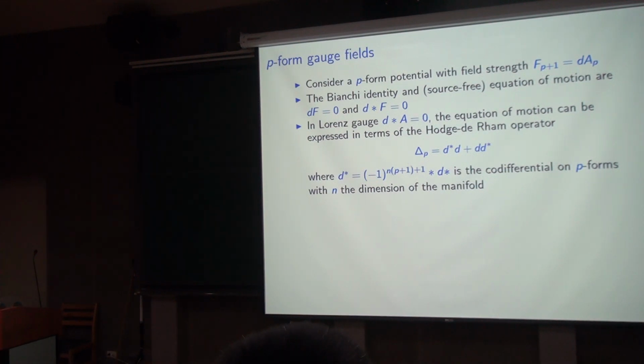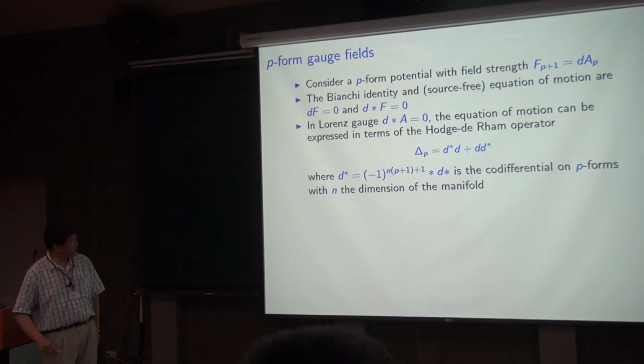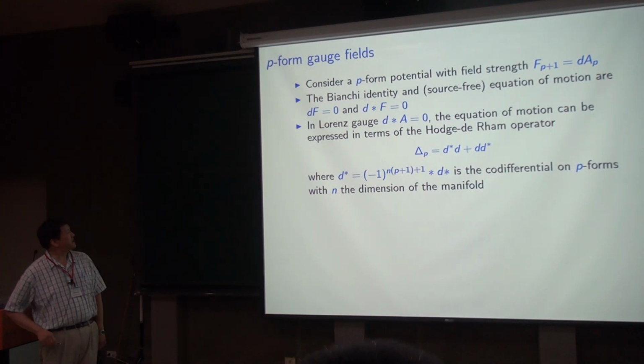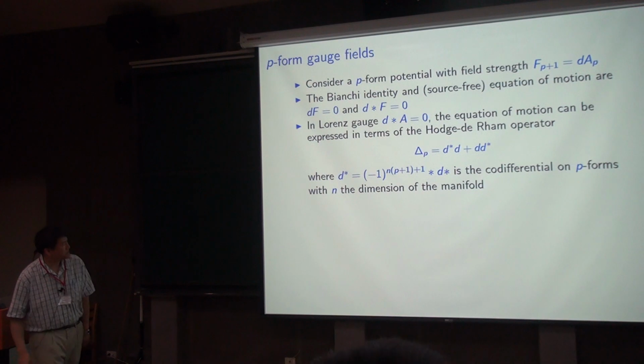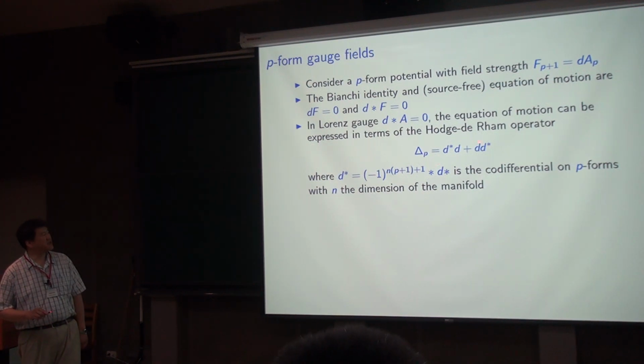If I choose Lorenz gauge, d star A equals 0, then it turns out that the equation of motion d star F equals 0 has a nice geometric way of writing it in terms of what's called the Hodge-de Rham operator, which is basically the Laplacian on p-forms in Lorenz gauge. This is basically box A mu equals 0.